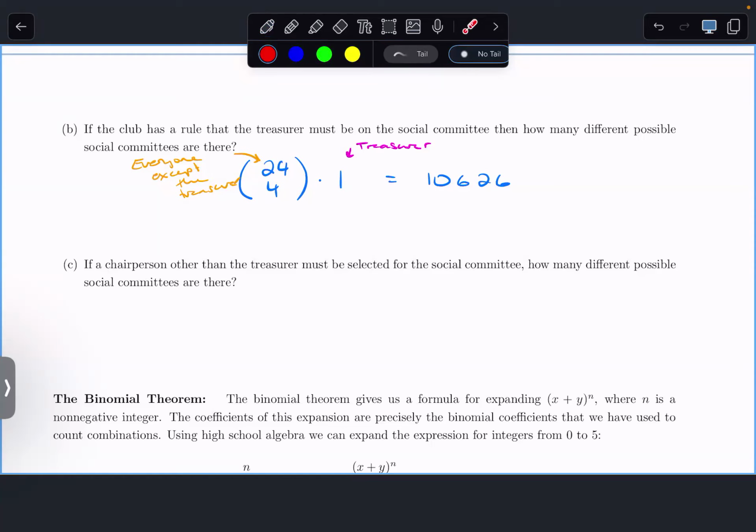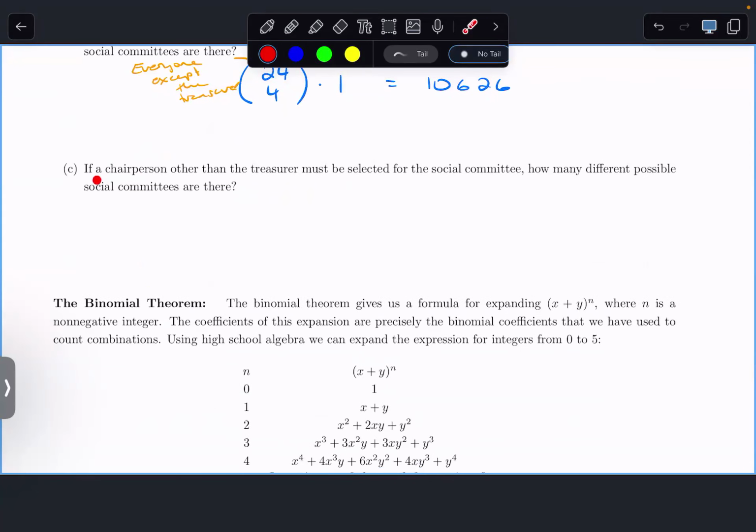Did they talk about the chairperson and the treasurer? I feel like we're missing some information. We're just supposed to know that there are treasurers and chairpersons. Maybe that's why it's not sinking in here, but it's okay.